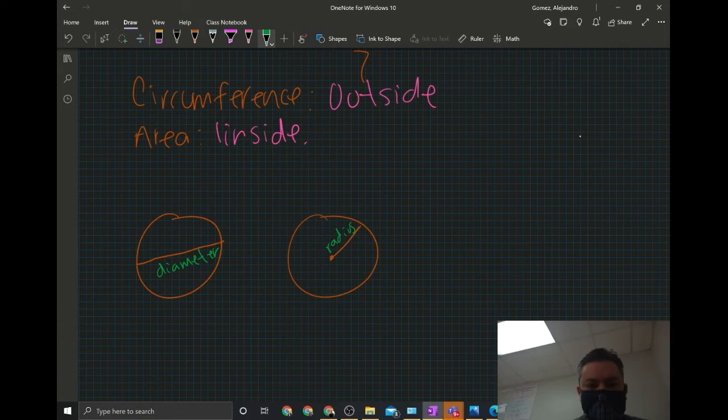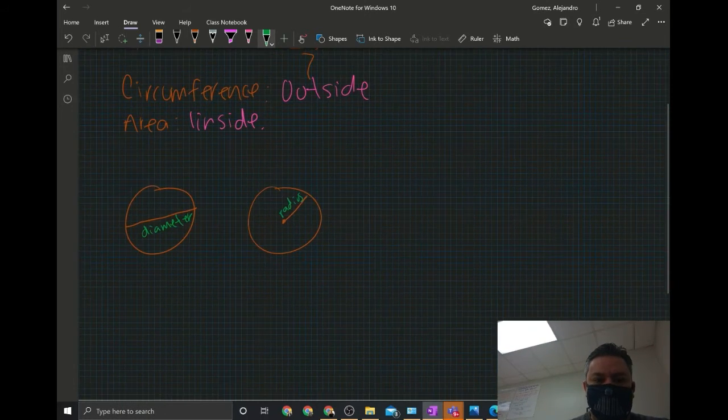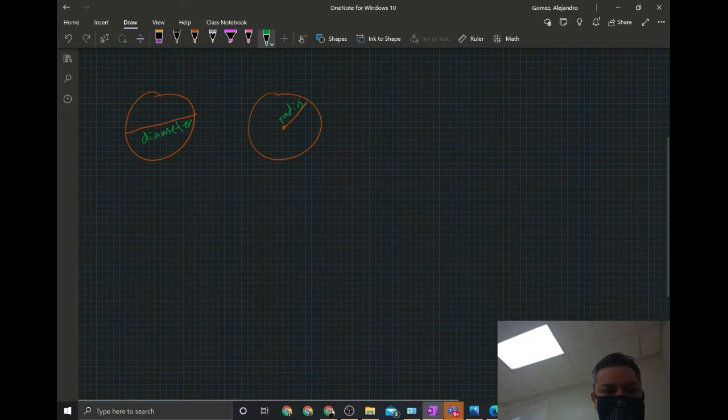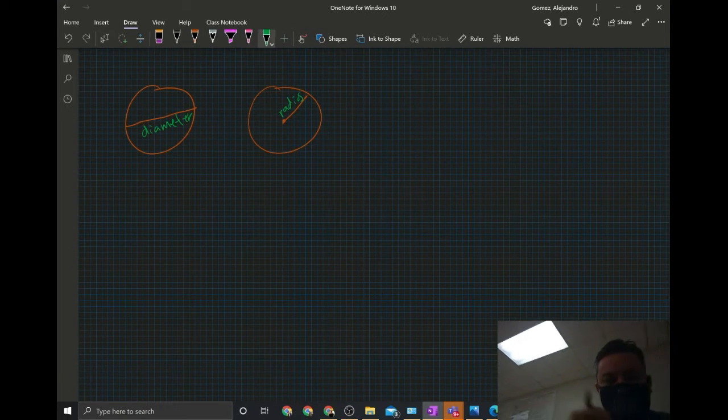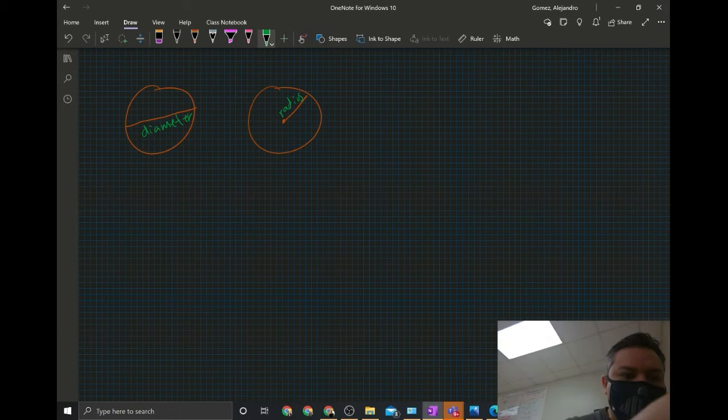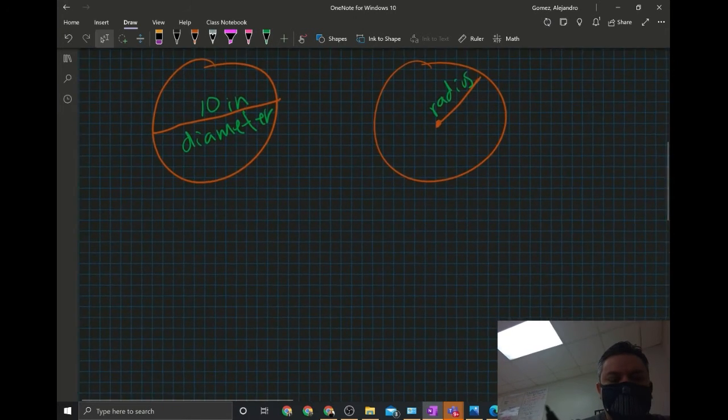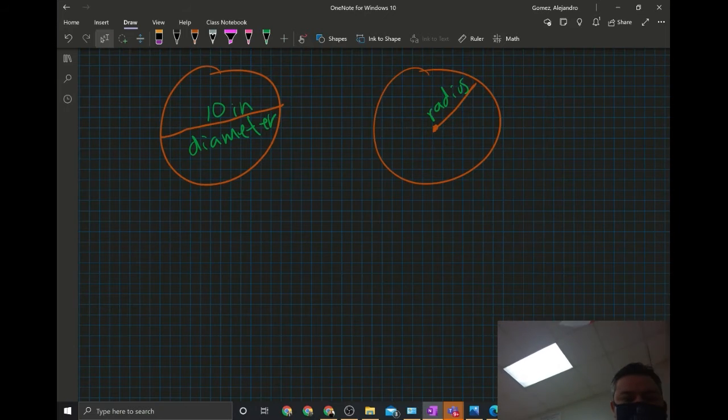Okay? So for instance, let's say they gave us a circle. We're going to find the circumference and the area for, let's say, this circle, and this diameter is 10 inches. Okay, we have two formulas for circumference.